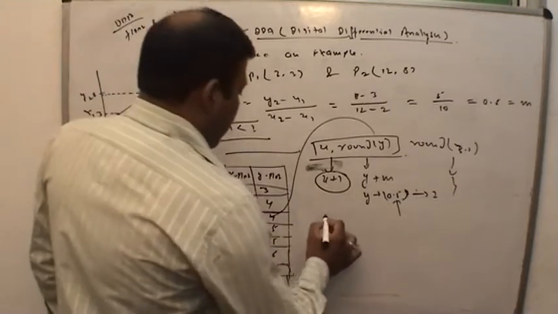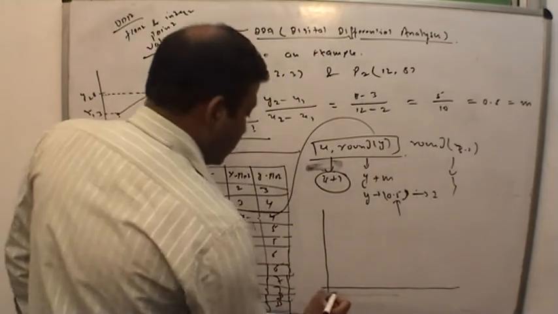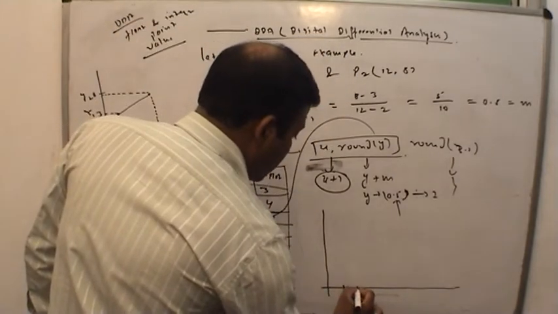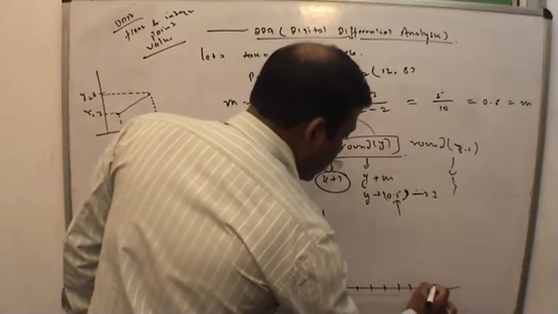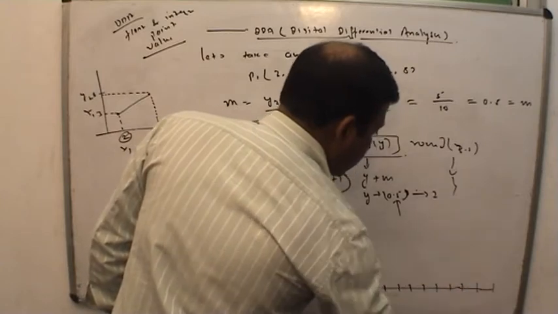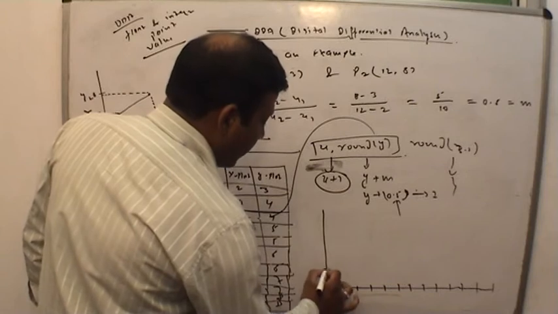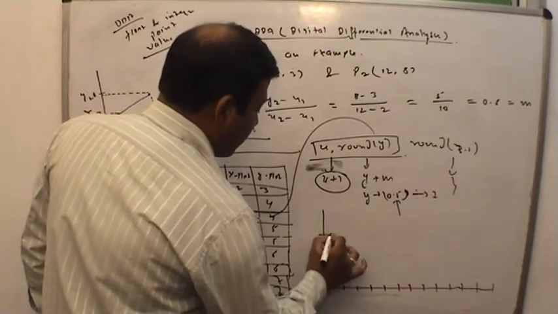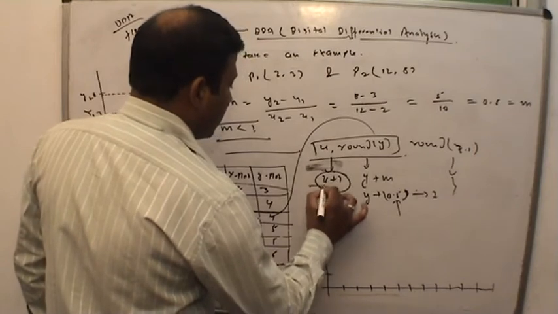So when we plot the line, we get x values 1, 2, 3, 4, 5, 6, 7, 8, 9, 10, 11, and 12, and y values 1, 2, 3, 4, 5, 6, 7, 8.